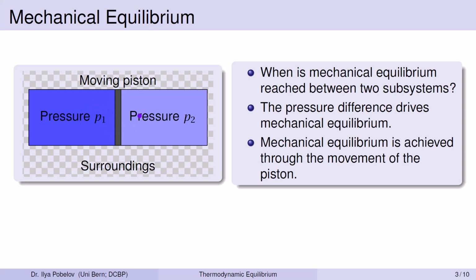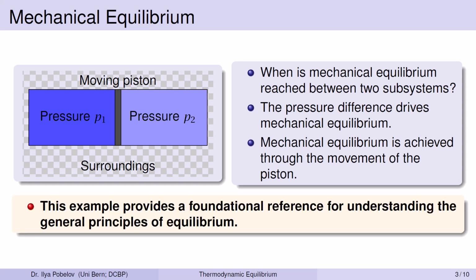Once the pressure in both subsystems equalizes, the piston stops moving, signifying that mechanical equilibrium has been reached. Please remember this example. It provides a foundational reference for understanding the general principles of equilibrium.